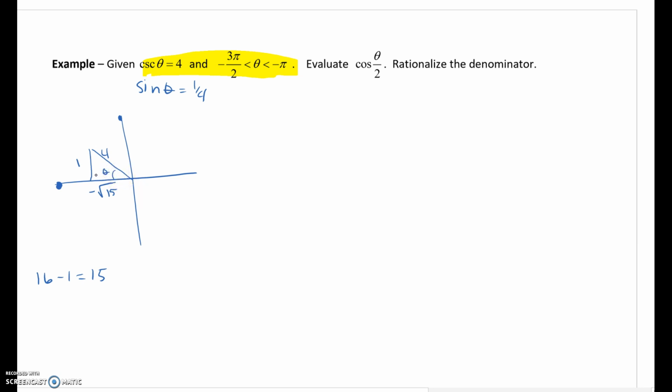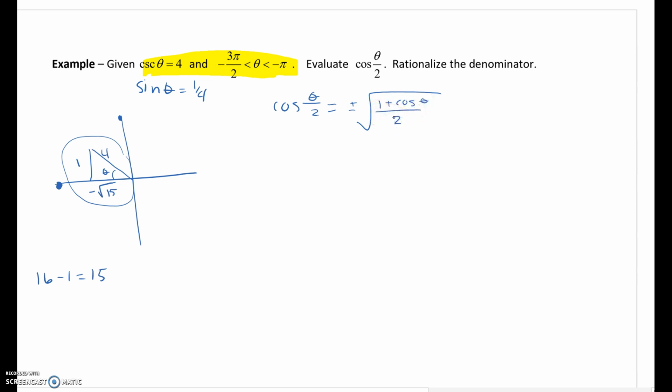With the half angle formula, we have to multiply all of our restrictions by a half to figure out what quadrant our half angle is in, to see if we're going to be doing the plus or the minus. Our half angle formula is cosine of theta over 2 equals plus or minus the square root of (1 plus cosine theta) over 2.